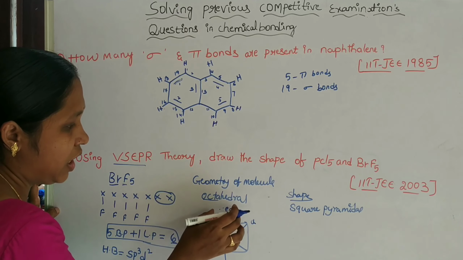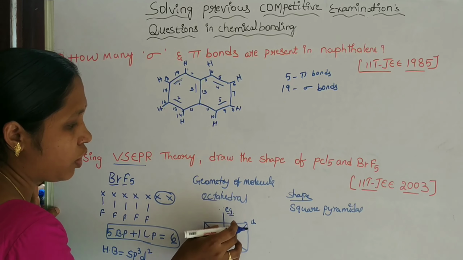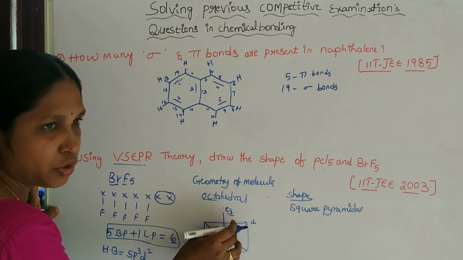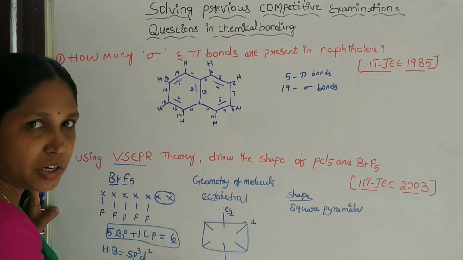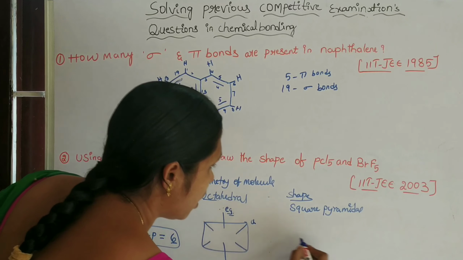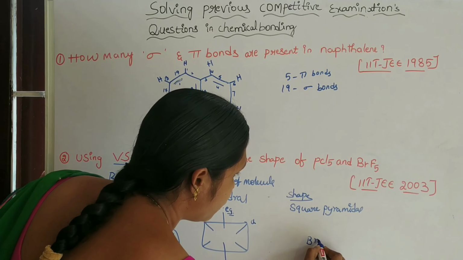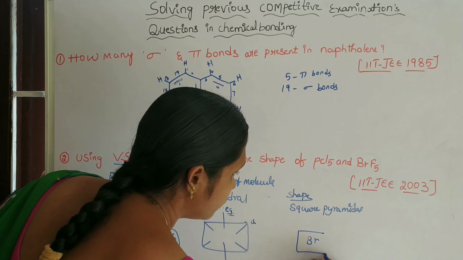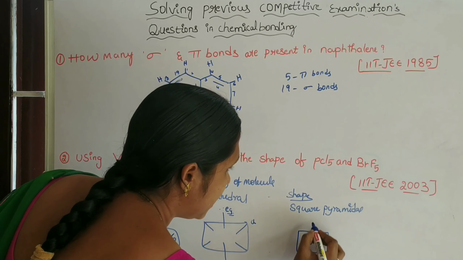Why? If a lone pair occupies an equatorial position, the electron pair repulsions are minimum. Now we will see the structure of BrF5: square pyramidal.